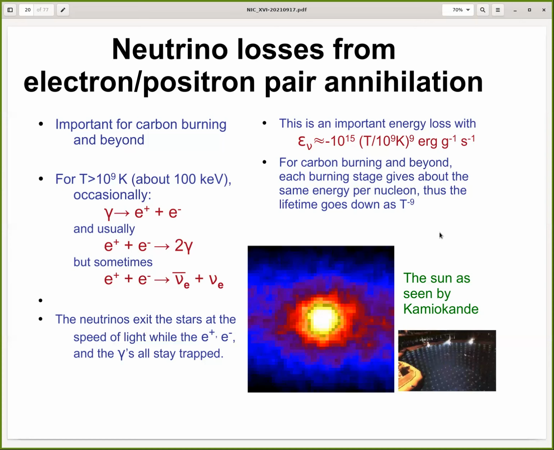But in principle, if you had a star close enough shining in neutrinos, you might be able to see it. Now, for our star doing the carbon burning, that becomes quite a significant loss.